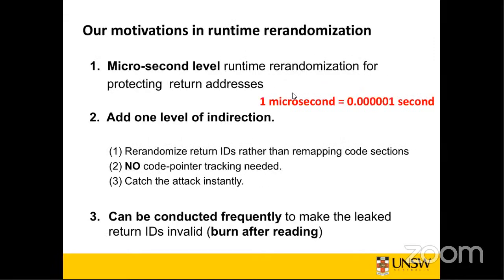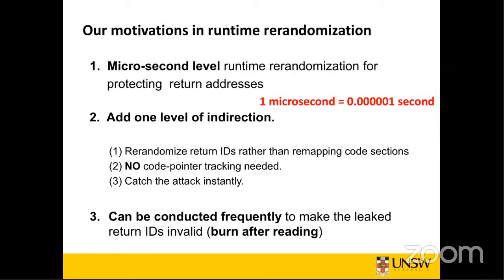In this slide, we give the motivations of our research. First, we want to provide a microsecond level runtime randomization mechanism for protecting return addresses on the core stack. Second, we observe that by adding one level of indirection, we can randomize the return IDs rather than remapping code sections.